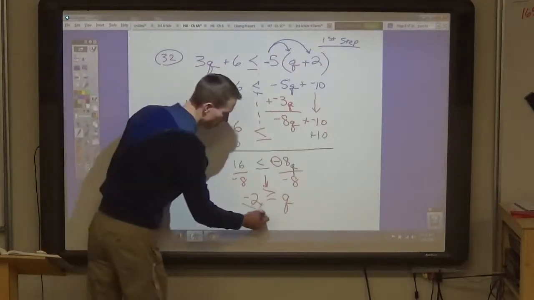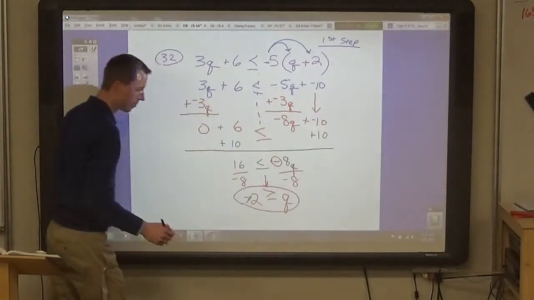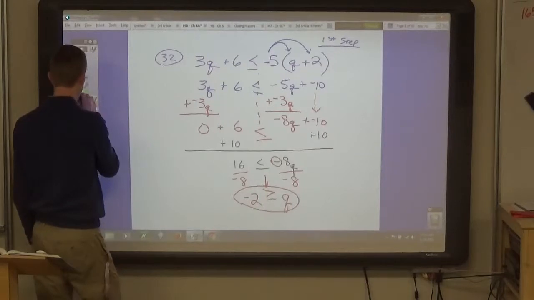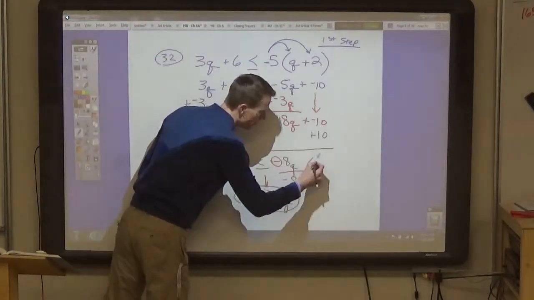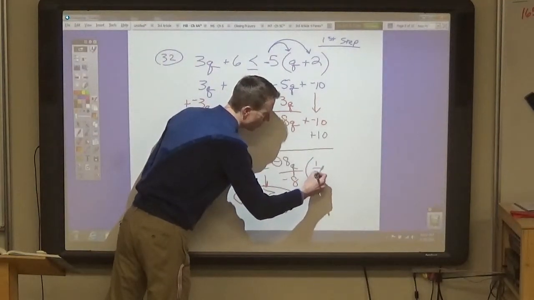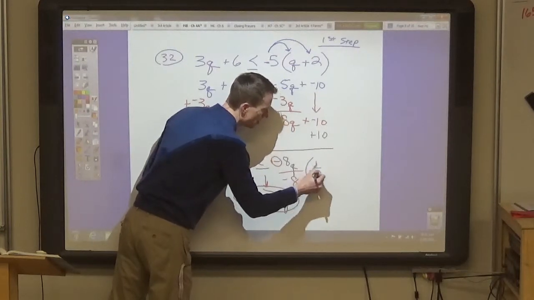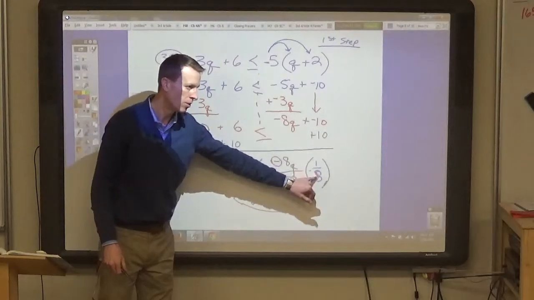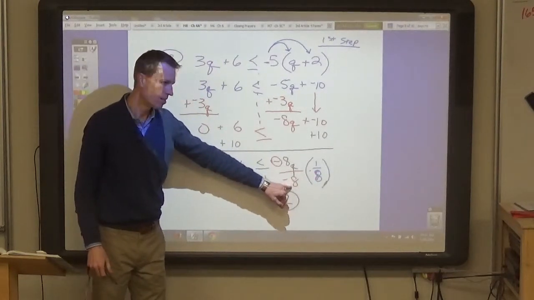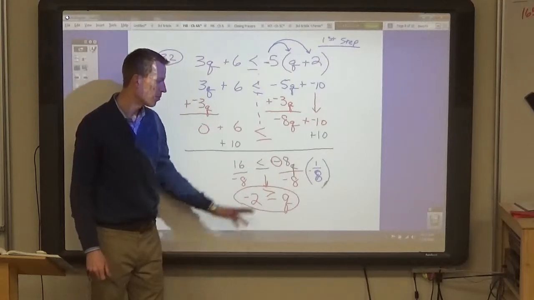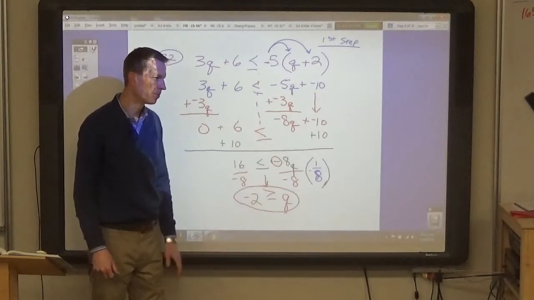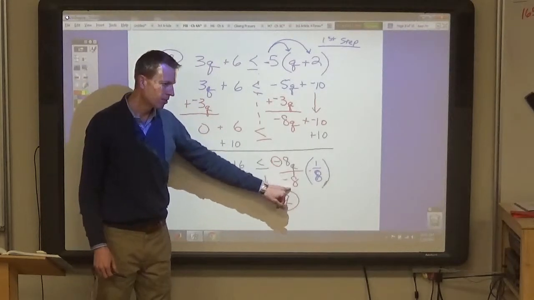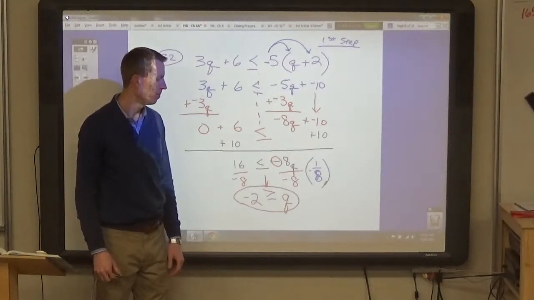Or you could also, if you wanted to, for negative 8q, multiply times negative 1/8, and you have to do that to the other side as well. You get the same result, because multiplying by the reciprocal of the coefficient is the same thing as what we're doing here. This is really multiplying by negative 1/8. We could just show that more easily by just dividing by the same number, okay?